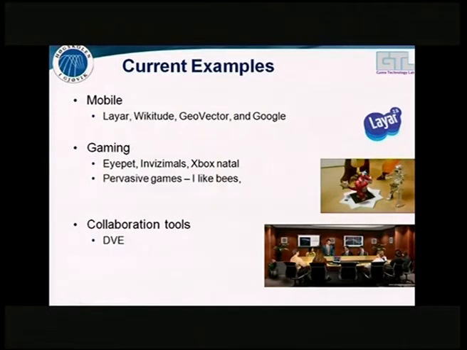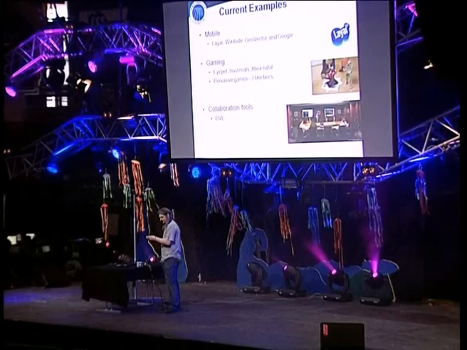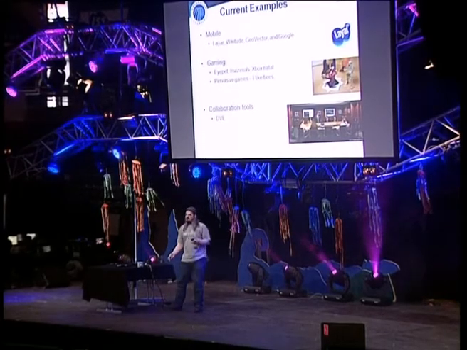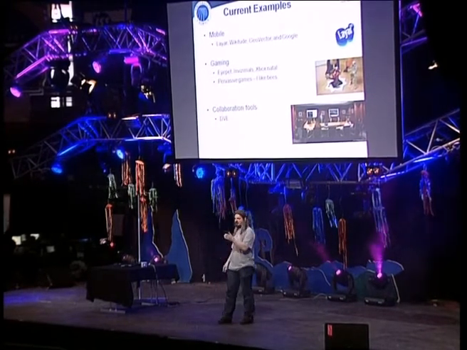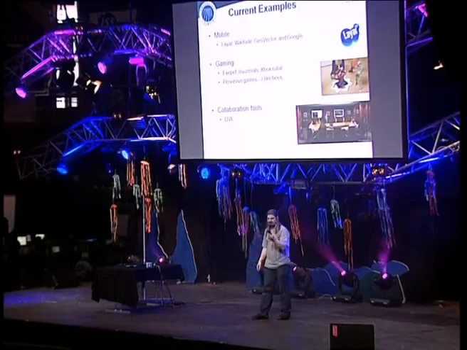I'm going to show you a couple of them. There's gaming, there's mobile stuff. I've got a mobile phone, an HTC Hero, and it has Layar on it. Layar is an augmented reality tool that I've currently loaded up. Layar overlays information about the world through the video camera of the device.